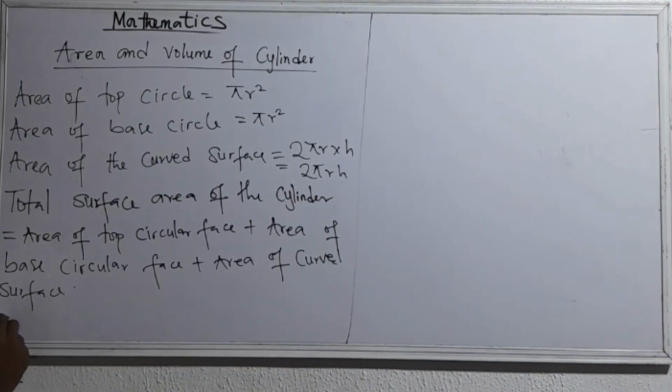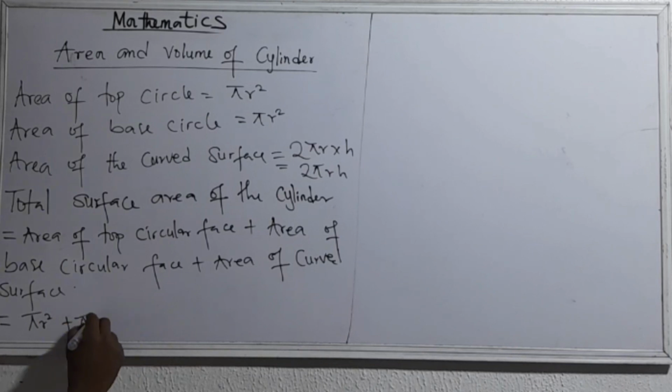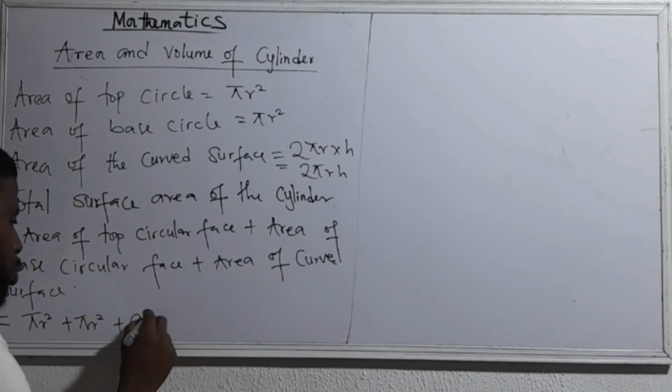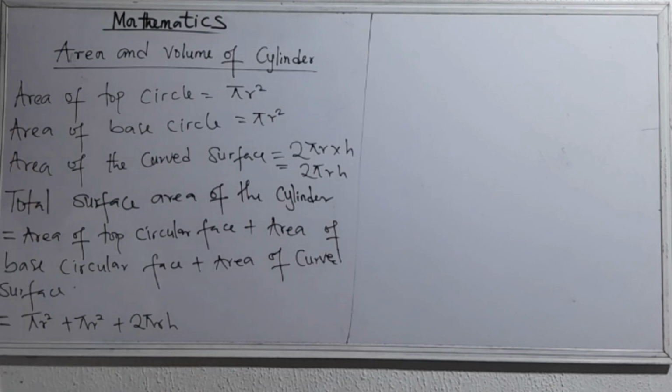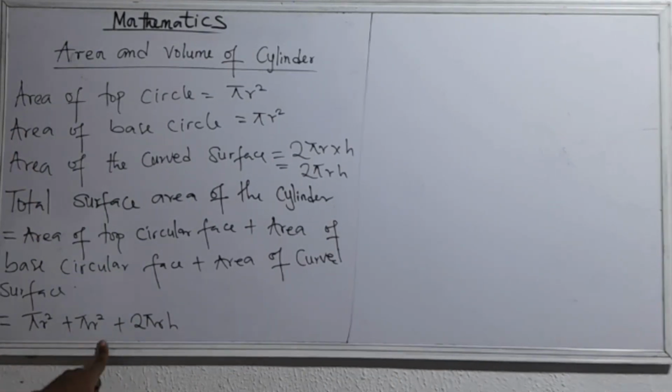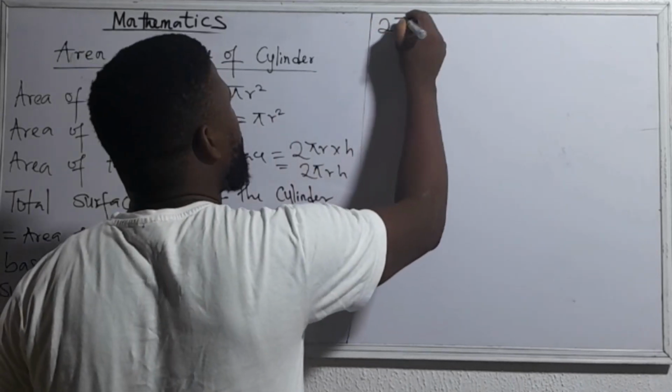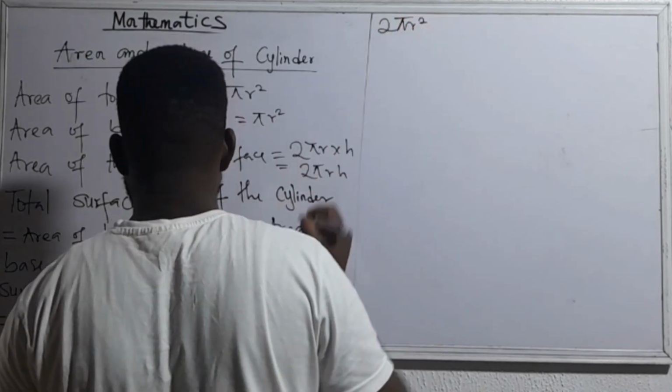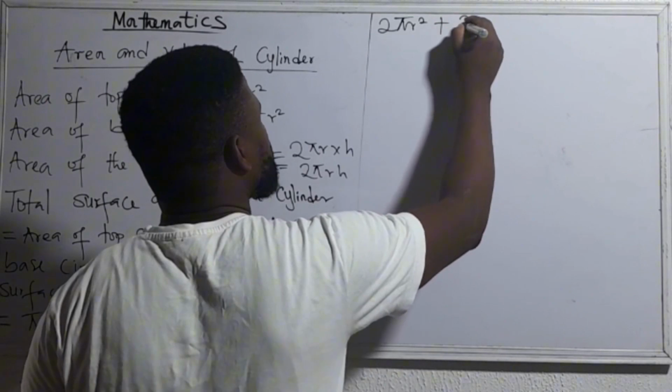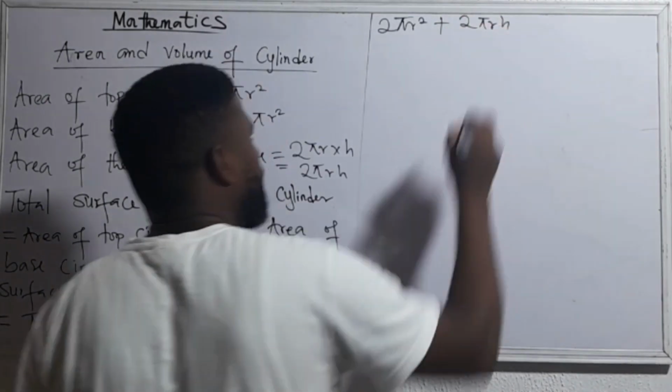And that gives us pi r square plus pi r square, then plus 2 pi rh. Now, pi r square plus pi r square will give us 2 pi r square. Then, of course, we have plus 2 pi rh.